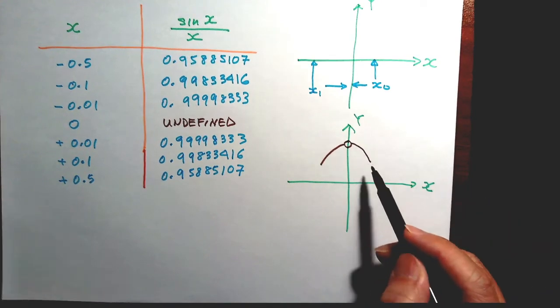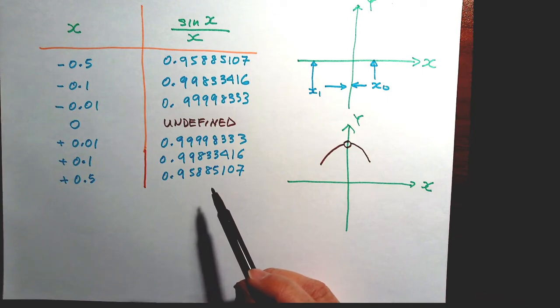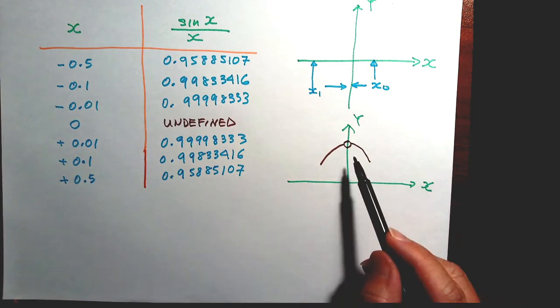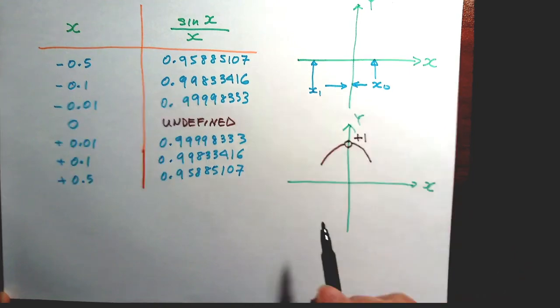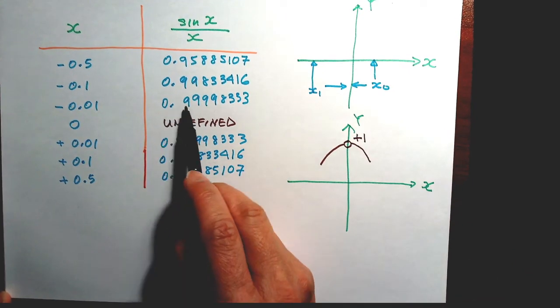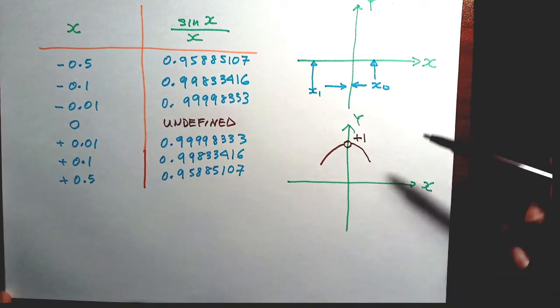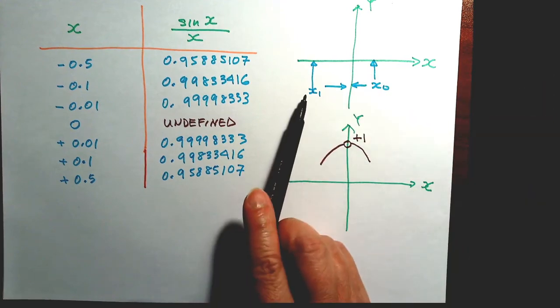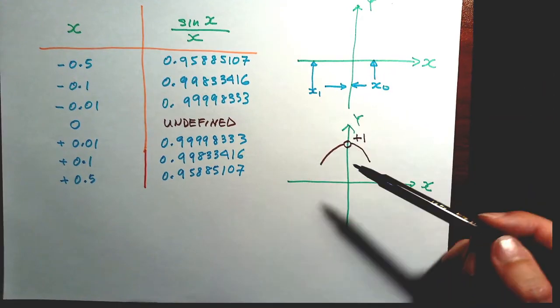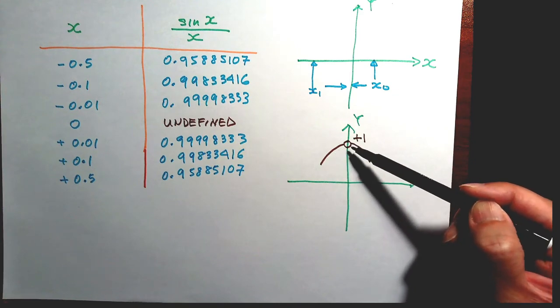So this is what I can draw with this table of data which I have. I can conclude that it approaches plus 1 here, which is 0.999 here and 0.99 here. Whether I approach 0 from a bigger value or from a smaller value, I will still get closer and closer to 1, but I can never get 1.